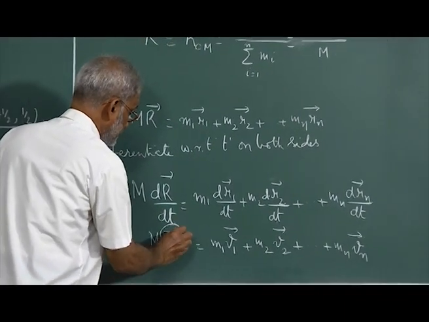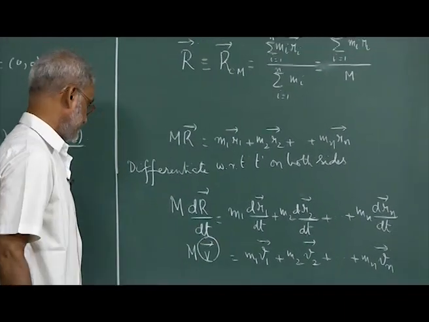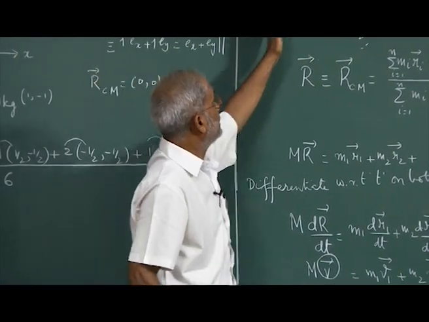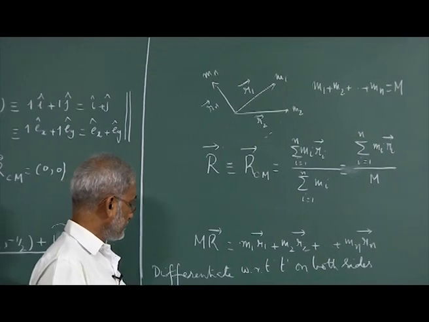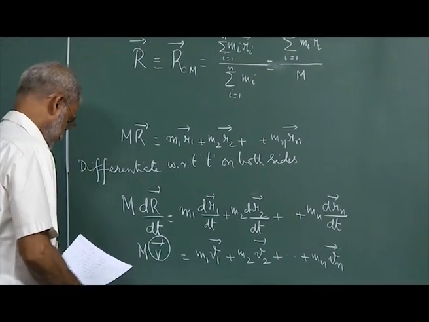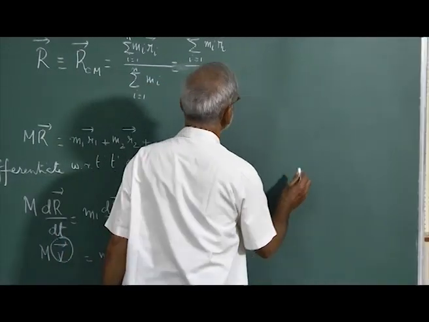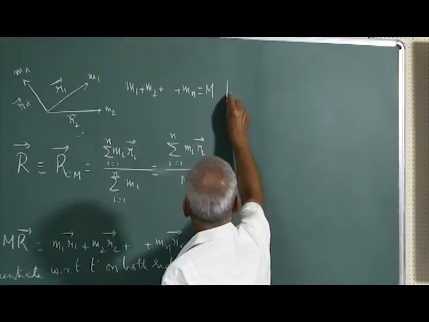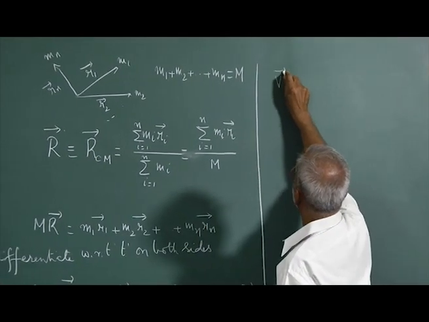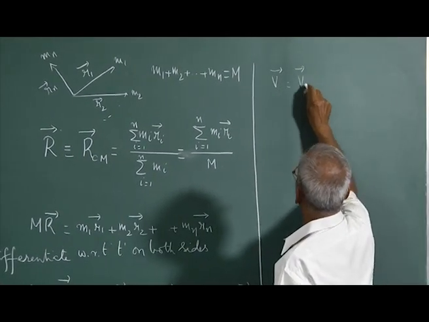Now, what this means is the velocity of center of mass. The whole mass is represented by capital M. Therefore, this V is the center of mass velocity.